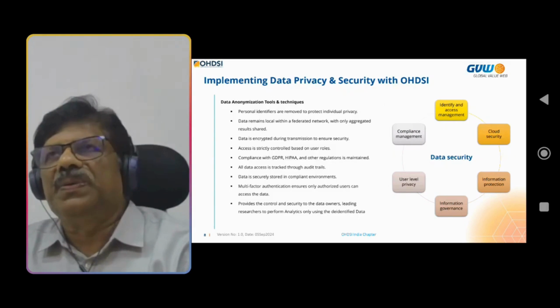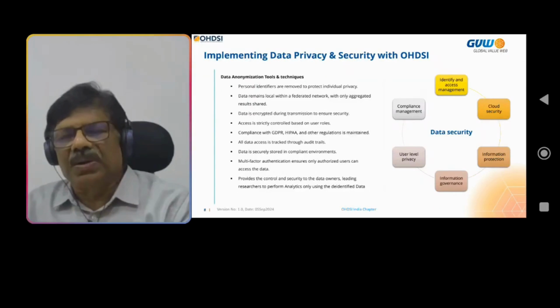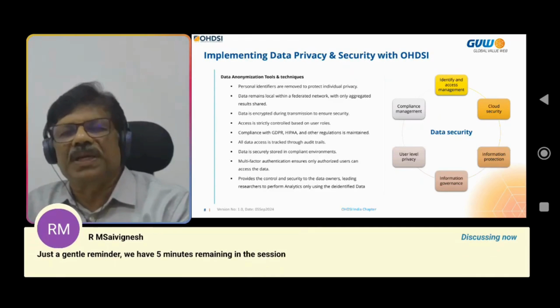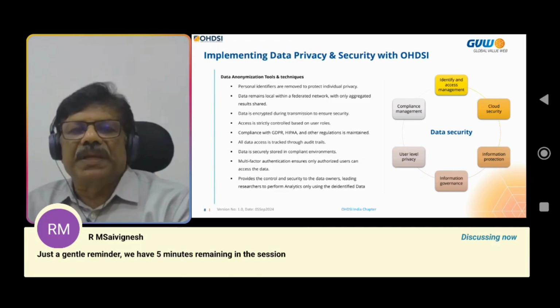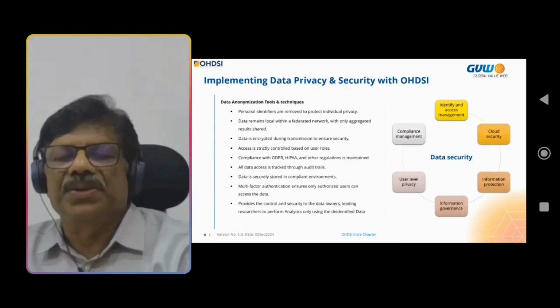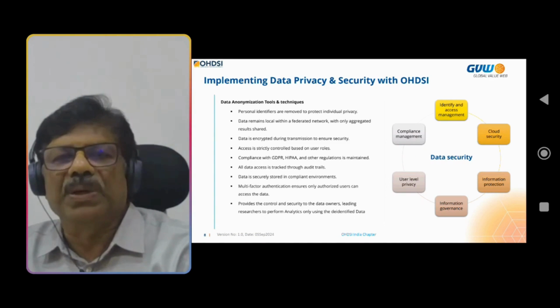So we can never access a particular patient record, even though results were derived from that patient profile. Data is encrypted during transmission for maximum security, access is strictly controlled based on user roles, and you also have HIPAA and GDPR compliance.